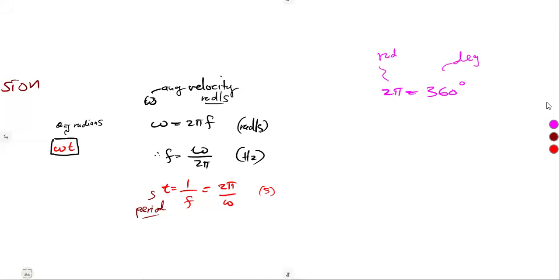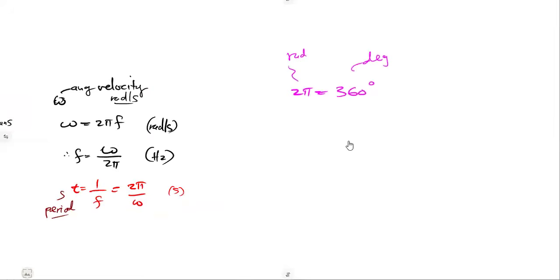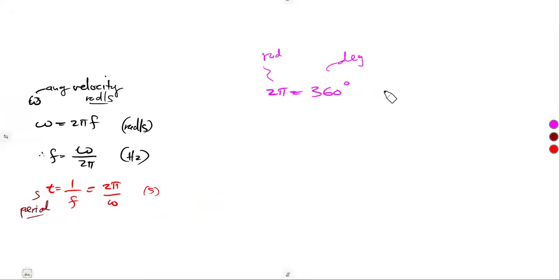This is from a complete revolution, one revolution, a complete cycle. So dividing by 2, you're going to have pi. Divide by 2, you're going to have what? 180. So you can also use this: pi is equal to 180.